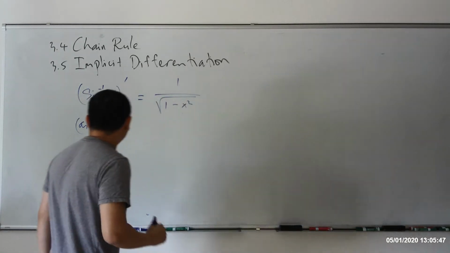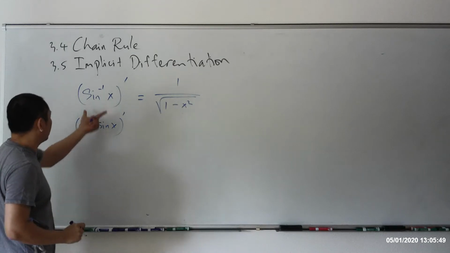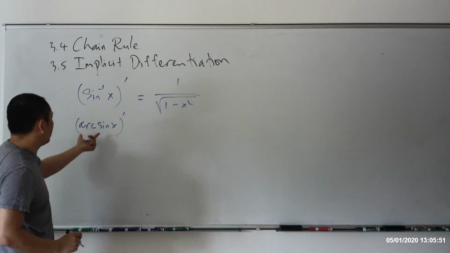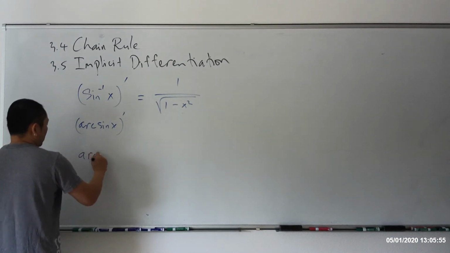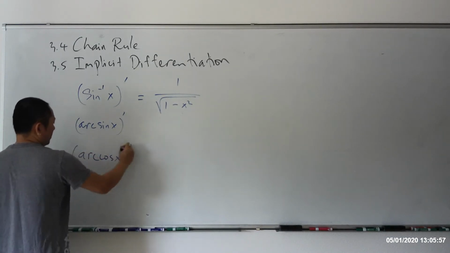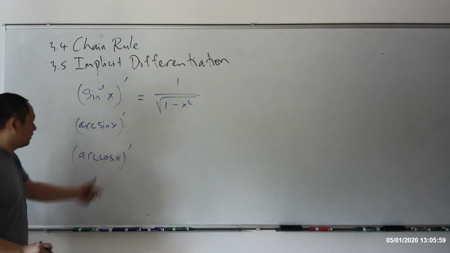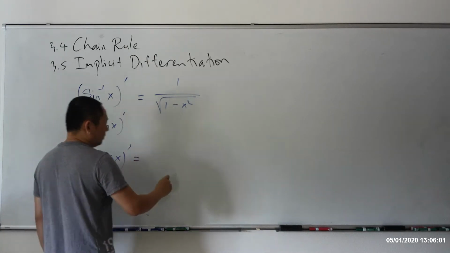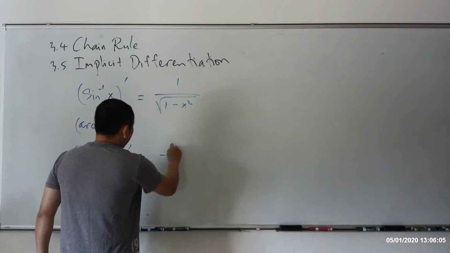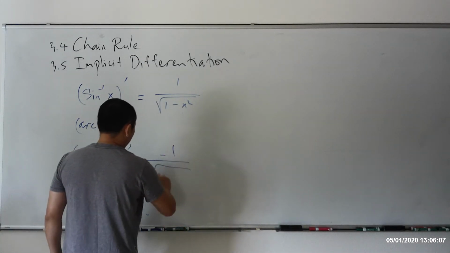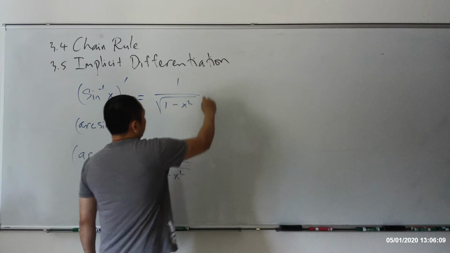And then cosine inverse, let me just write either one of those two. Let me choose arc cosine instead of cosine inverse. So arc cosine of x derivative, again, arc cosine, the same thing as cosine inverse, is equal to negative 1 over square root of 1 minus x squared.